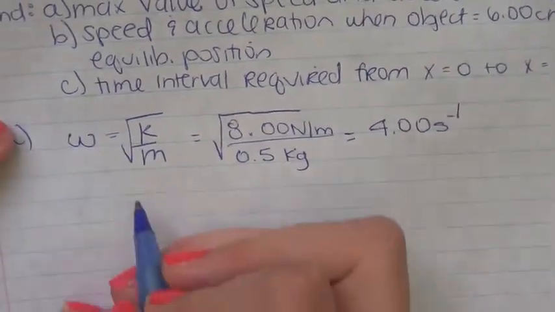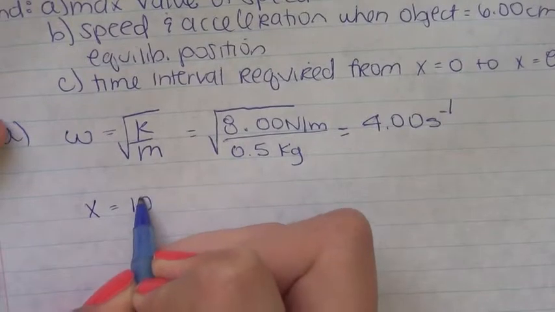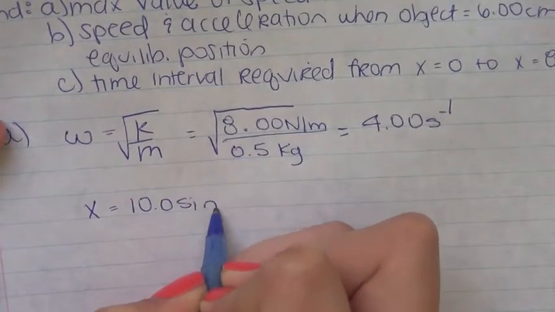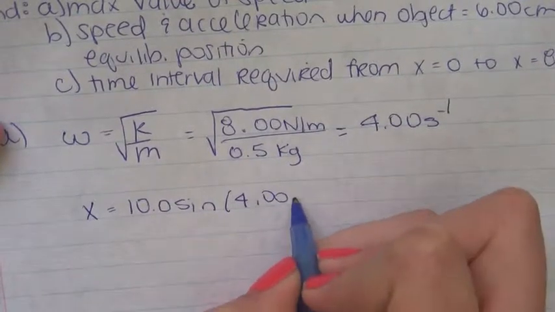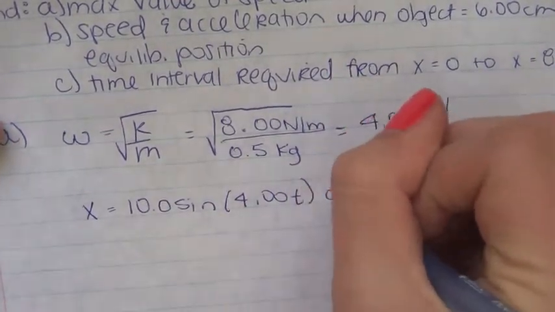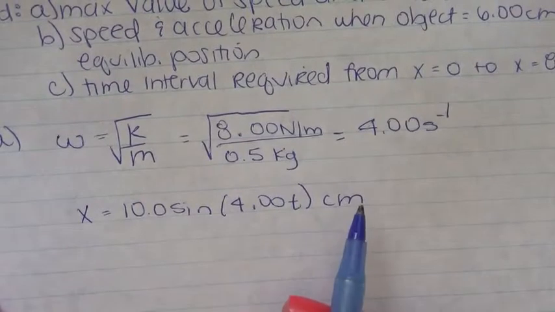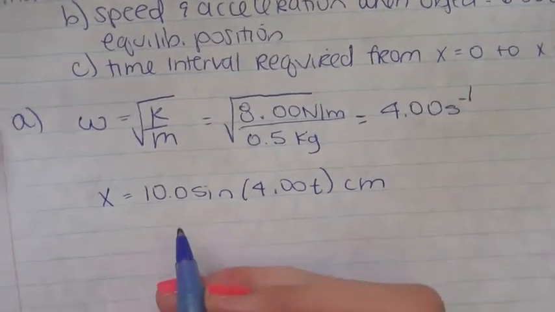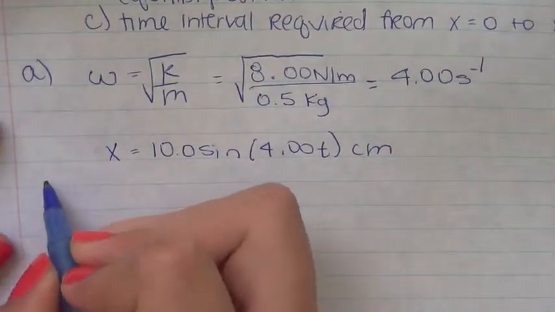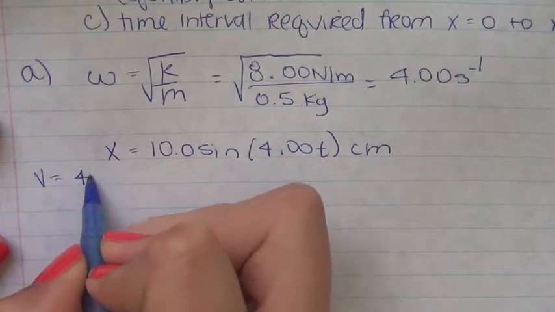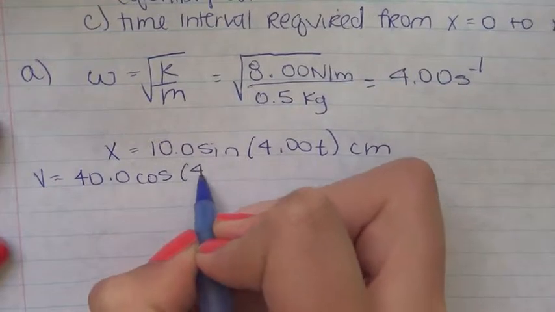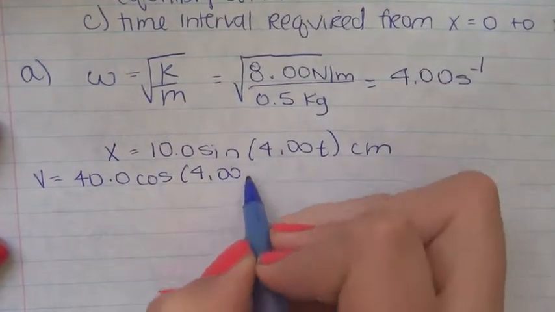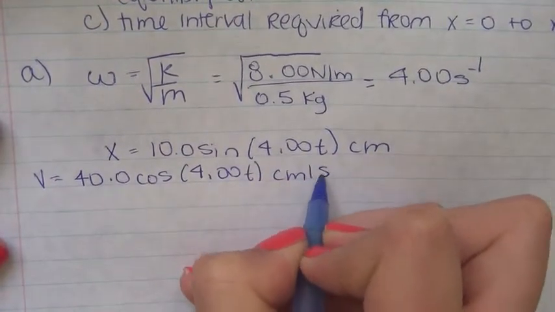Put that into the formula of x equals 10.0 sine of 4.00, which we just found, times t centimeters. So this is going to help find our position. And then from that we can find that v equals 40.0 cosine of 4.00 t centimeters per second.